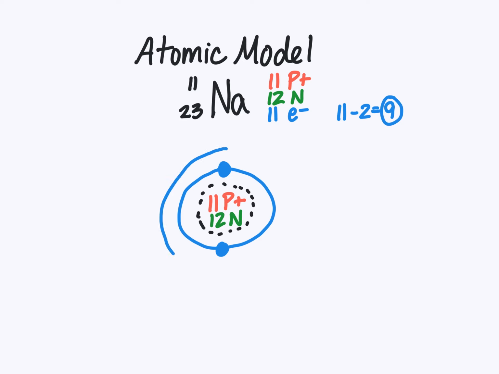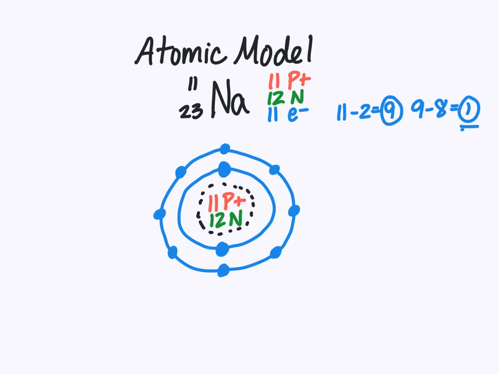So we can add a second orbital. Now remember, the second orbital maxes out at 8 electrons. So we can draw 1, 2, 3, 4, 5, 6, 7, 8. So now we've taken the 9 electrons we had left, we got rid of 8 of them, but we still have 1 electron that needs a place to go. So what do you think we're going to do? We're just going to add another orbital.